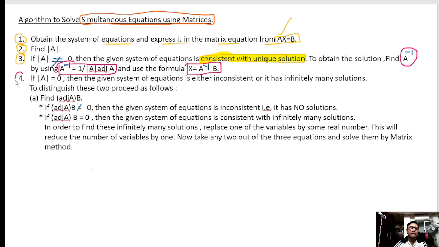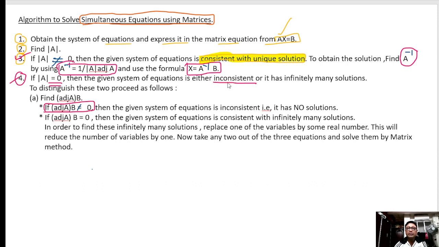If mod A is not 0, this is the condition. If mod A is 0, then the system of solutions will be inconsistent if adjoint of A into B is not equal to 0.